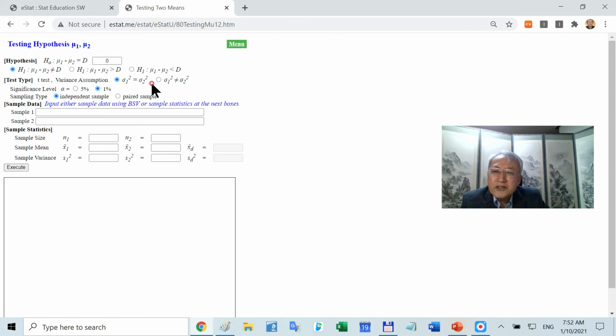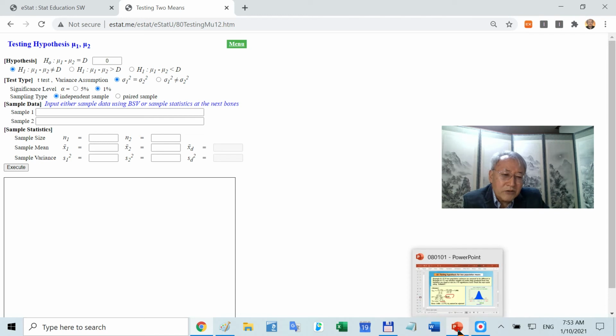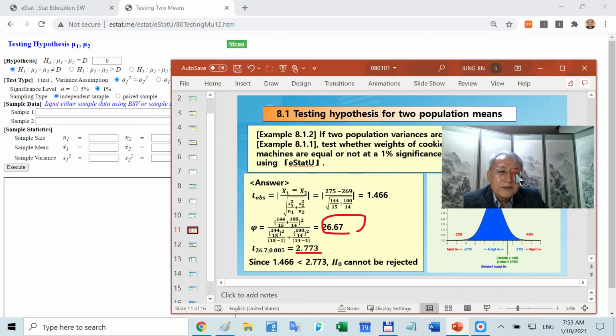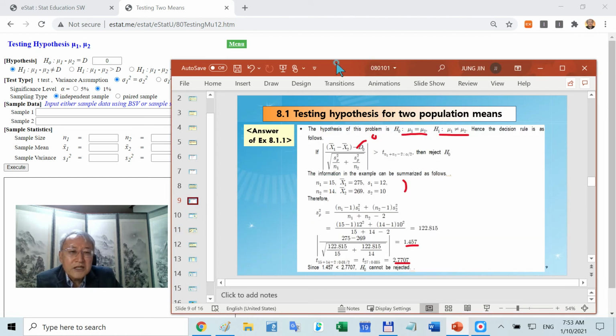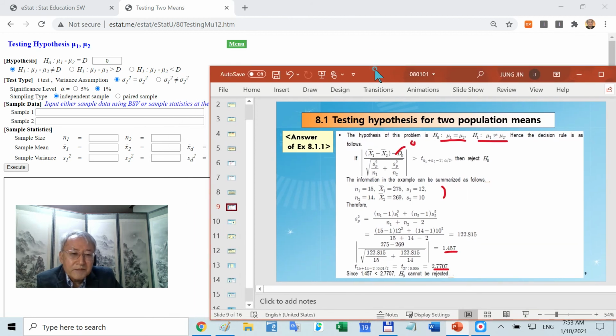The variance assumption is you can choose either the same or the other one. We don't know the data, but you have some information about N1 and N2. These are the summary of your information.